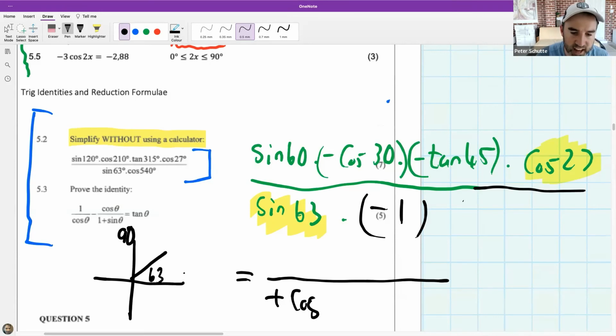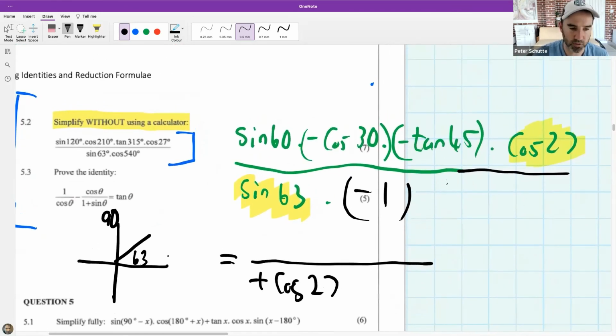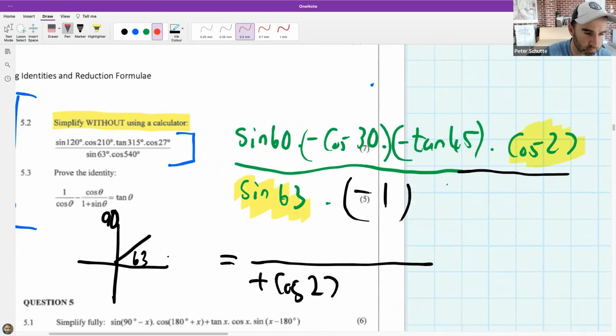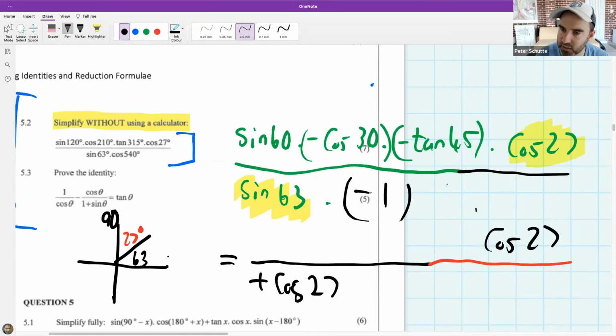But if I reduce it off the vertical, I'm going to have to change this from sine to cos. And then I just say, how far away is it from the nearest vertical? In this case, it's going to be 27. Now, guys, why is it so nice to have cos 27 on the bottom? In the chat. Co-functions, yeah.